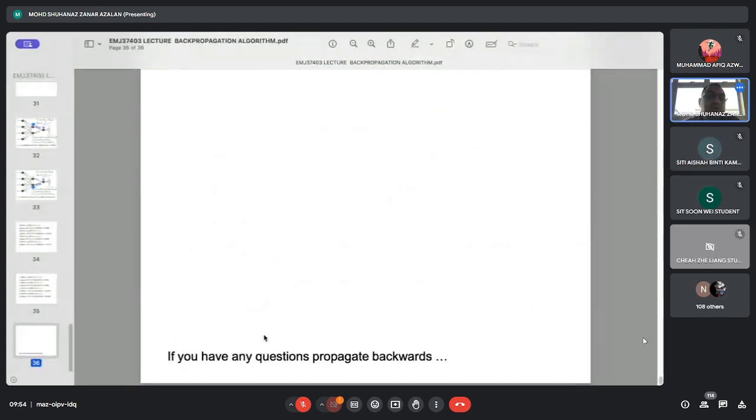So if you don't know, or if you want to refer back to how it works, you can backpropagate this lecture note. This is similar to how the process of updating the weightage goes forward and then goes backward to update the weightage.